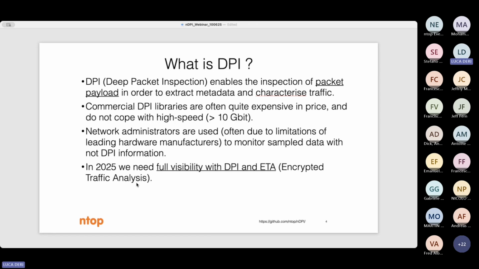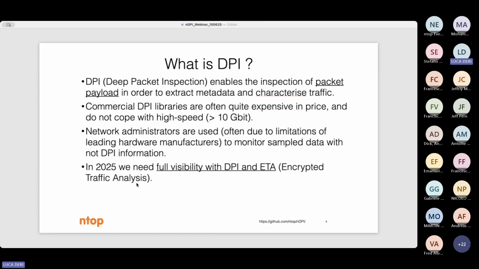And the requirements in 2025 are full visibility, so to understand, in case you have packets, what is happening on the network; in case you have packet headers or flows, to have a rough idea of what is happening; and of course to have ETA, which stands for encrypted traffic analysis. It means that even though the traffic is encrypted, we need to figure out what is happening on this traffic, not to understand the communication itself, to see what people are exchanging, because this is not the scope of our toolkit, but to understand whether this traffic is acceptable from the network standpoint.